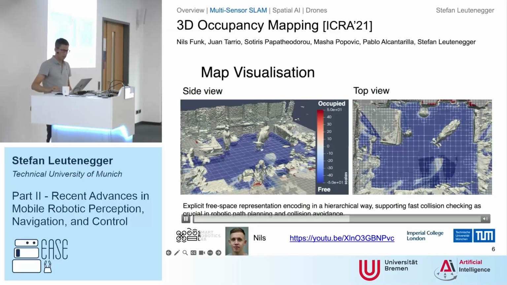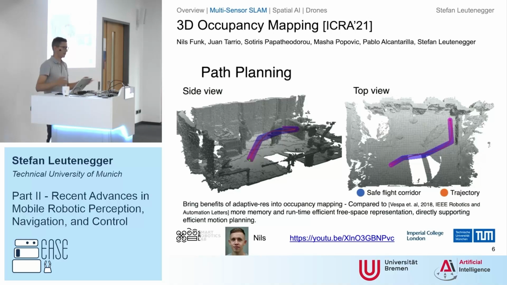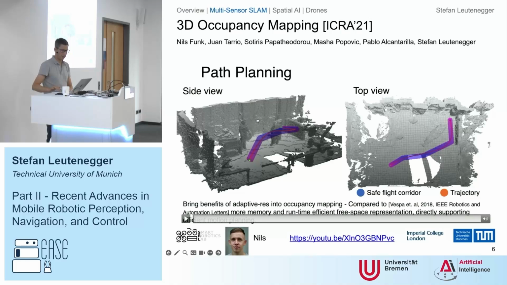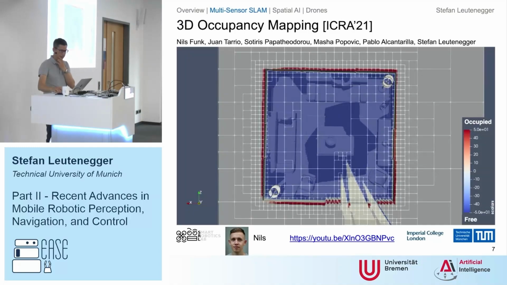And you can use this adaptive resolution idea to efficiently store very big blocks of data in free space where there's not much interesting happening. And then you can still resolve all the details of the walls and obstacles and so on where needed, at, say, centimeter resolution. And you can use that for path planning now, right? So we can really use things like RRT star or whatever in a very fast way in these kind of maps. So this is the backbone of our drone navigation stack.